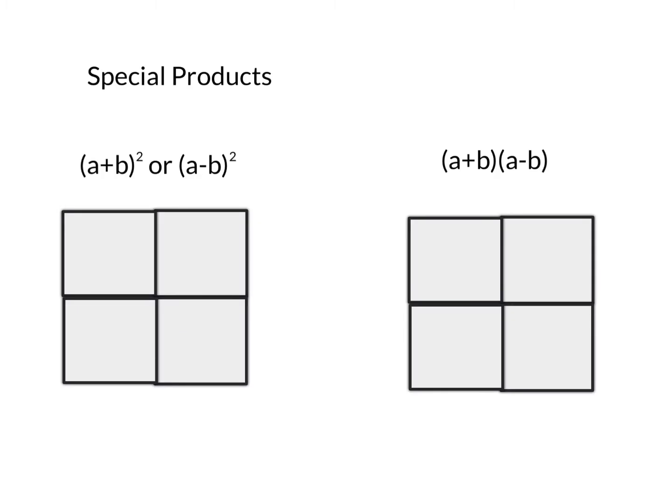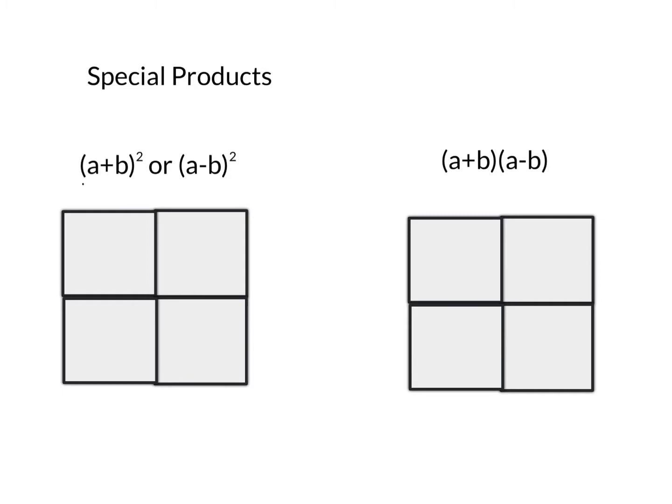Alright, so let's start off by discussing our special products here, okay? So we'll start off with the first one on the right. The special product with a plus b being squared, or a minus b being squared. I'm going to do the a plus b being squared first.